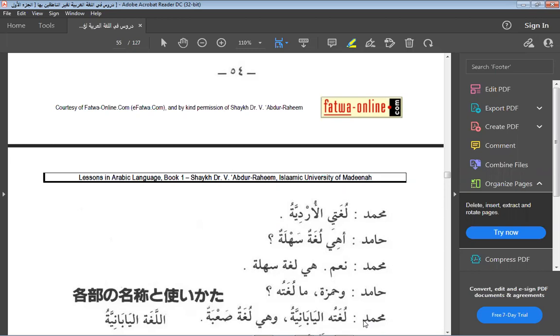Please, if we can quickly go to Surat Baqarah, verse number 261. If we can quickly reach our Quran, Surat Baqarah, verse number 261.